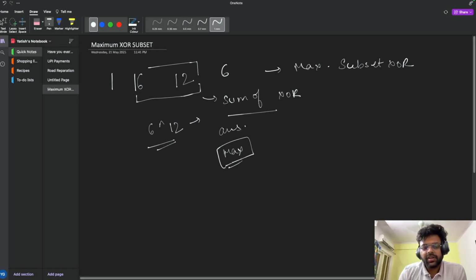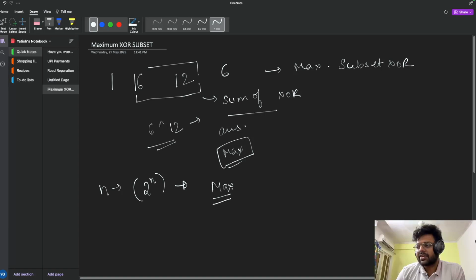First, consider a naive approach. If there are n elements in an array, then the total number of possible subsets would be 2 to the power n, and then for all the possible subsets, I'll find which gives me the maximum XOR.